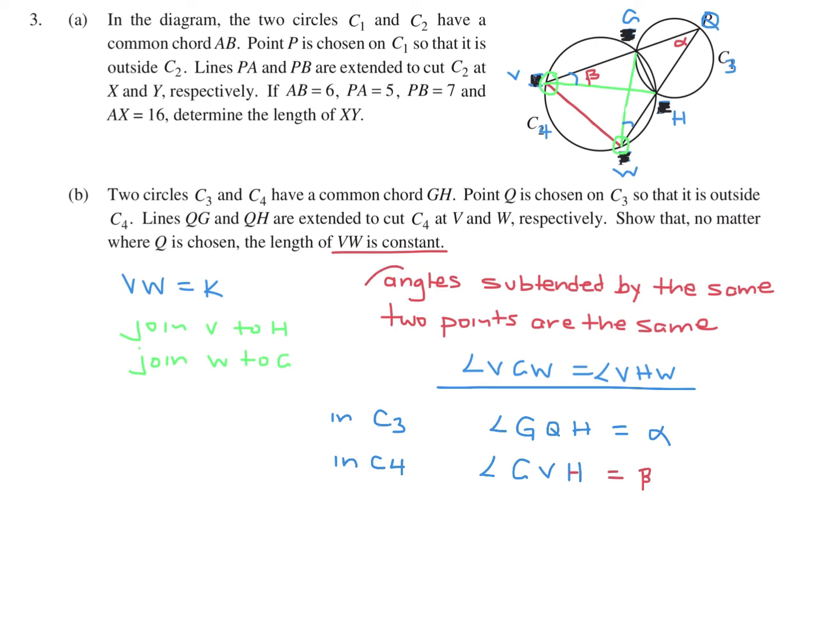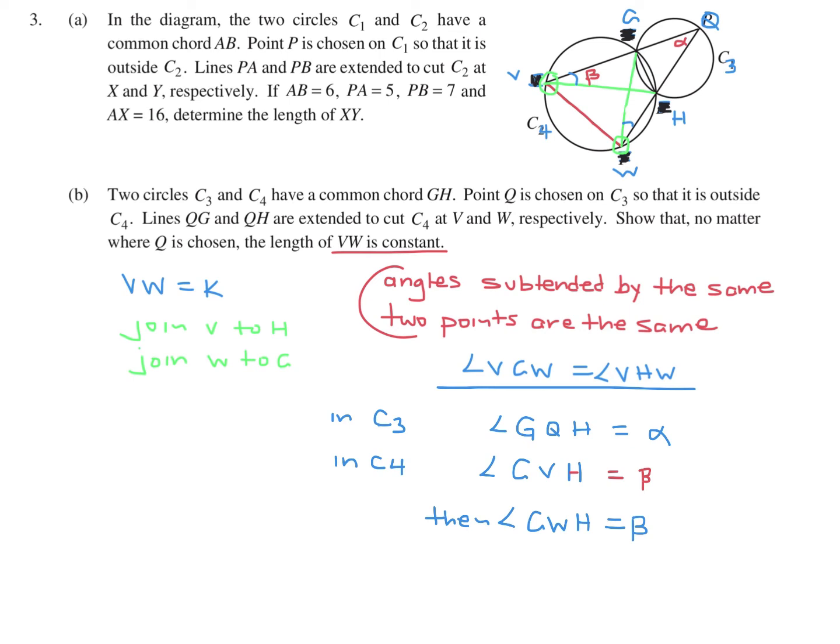And according to this rule, that means that the angle GWH is also beta, correct? Because they are both subtended by the same two points.